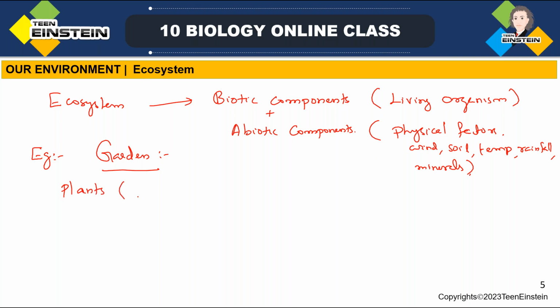Trees will be there, grasses will be there, then some flowering plants like rose, hibiscus, sunflower, all those things. All these belong to plants. Then animals like frogs will be there.